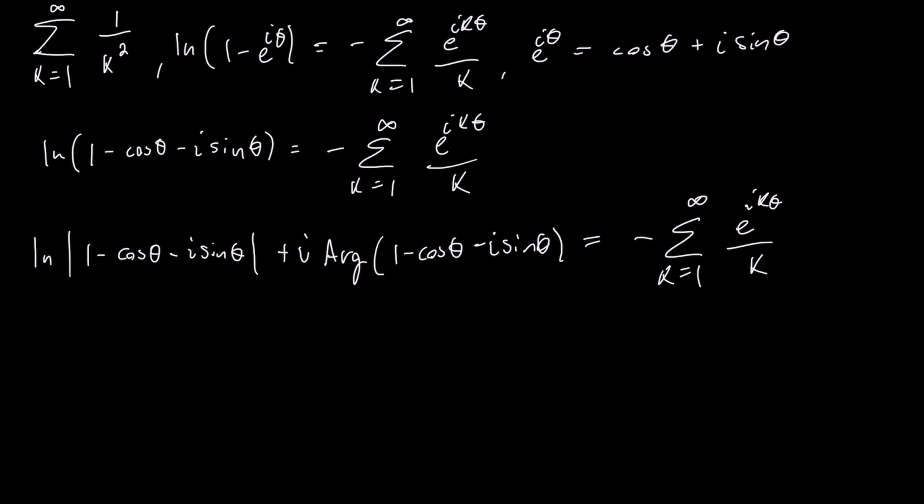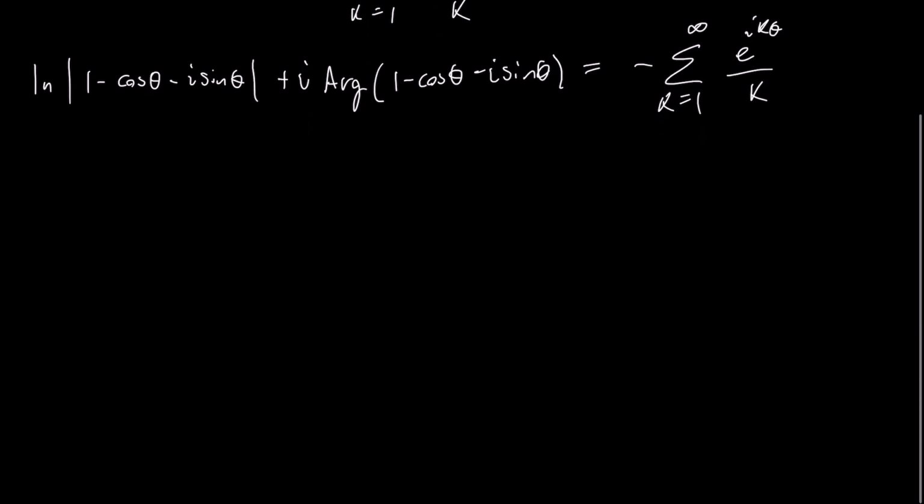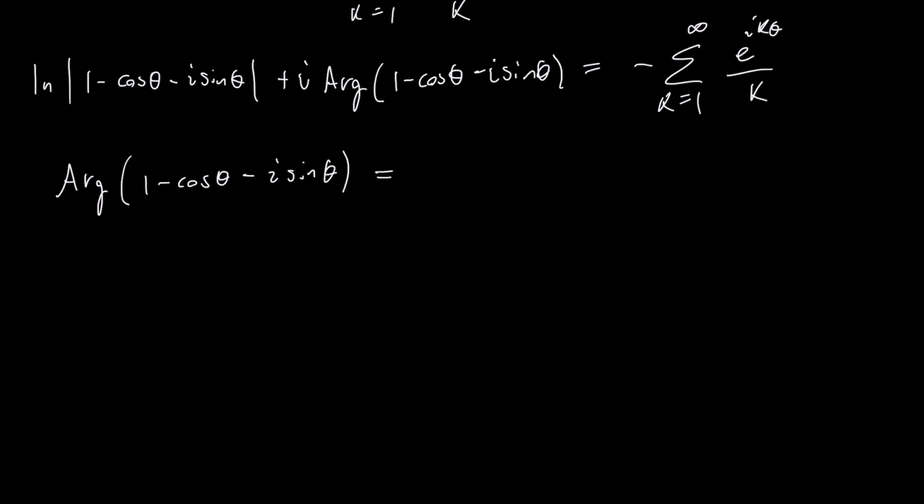And then taking the imaginary part on both sides, we have the principal argument of 1 minus cosine theta minus i sine theta is negative the sum from 1 to infinity of the sine of k theta over k.